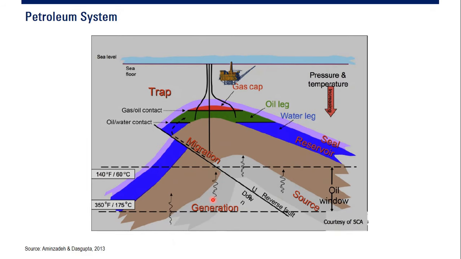They find channel so that they can go up, and up, and somehow they are trapped because of the seal rock here. We have seal rock, the purple line. Okay, and then the phases will separate, gas will be at the top, we call it gas cap, and then we have oil leg, and then we have water leg or aquifer.